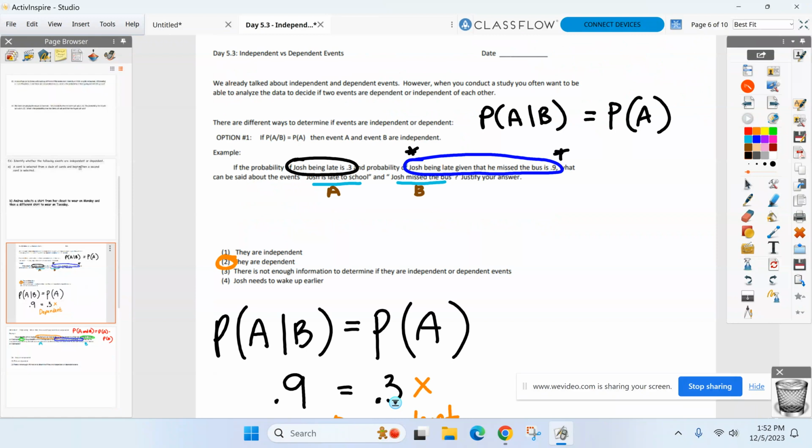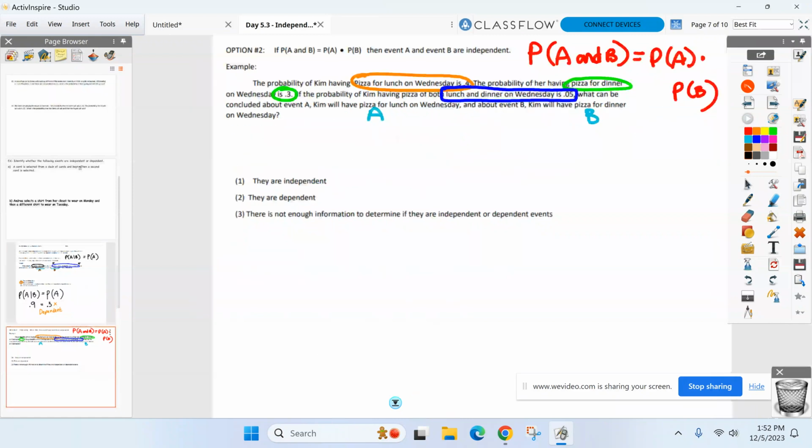The reason being, I don't see the probability of lunch given dinner. I don't see any of that word given here. So that formula is not going to be too easy to use. Versus this one, now I can say, is the probability of A and B equal to the probability of A times B?